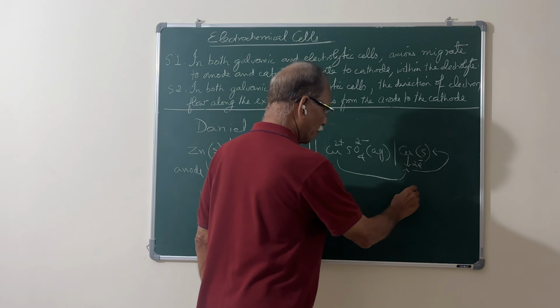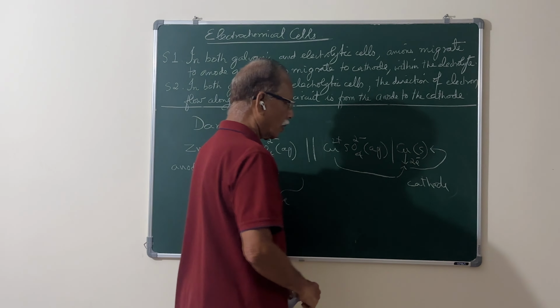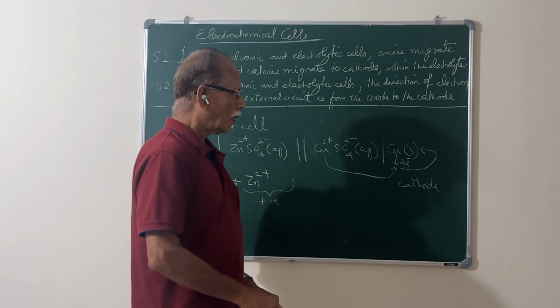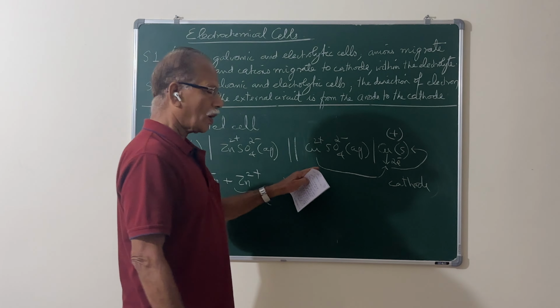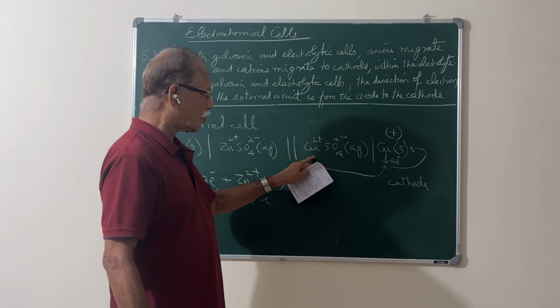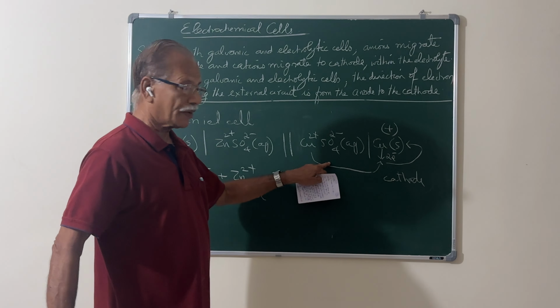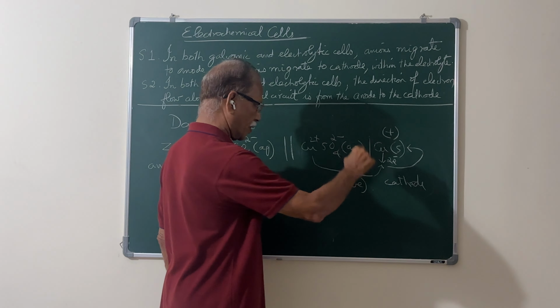So this is the cathode. And the copper metal, due to loss of electrons to copper ions, becomes positively charged, whereas the copper sulfate solution, due to loss of its cupric ions, sulfate becomes in excess and the solution becomes negatively charged.